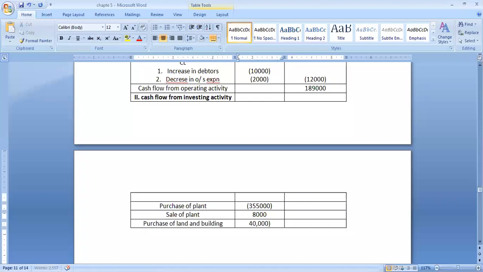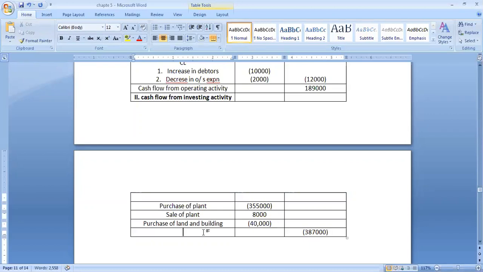As it is a purchase, it will be an outflow of cash. So what will the value of this be? So this will be 3,55,000, less 8,000, plus 40,000, which is 3,87,000.